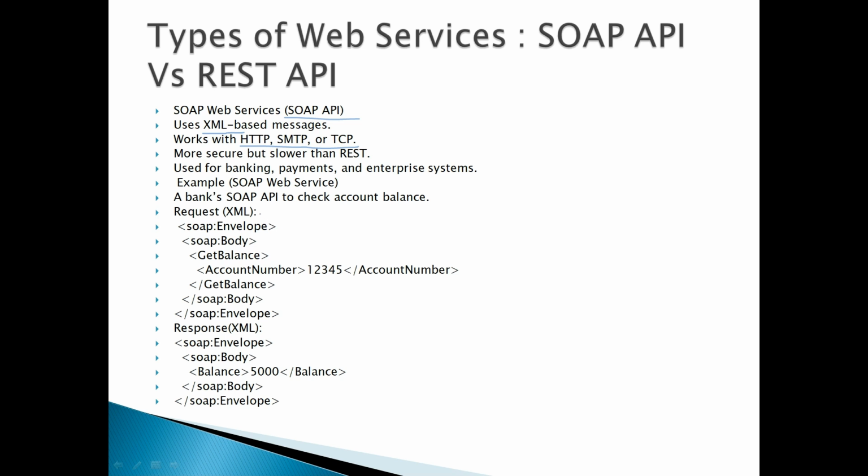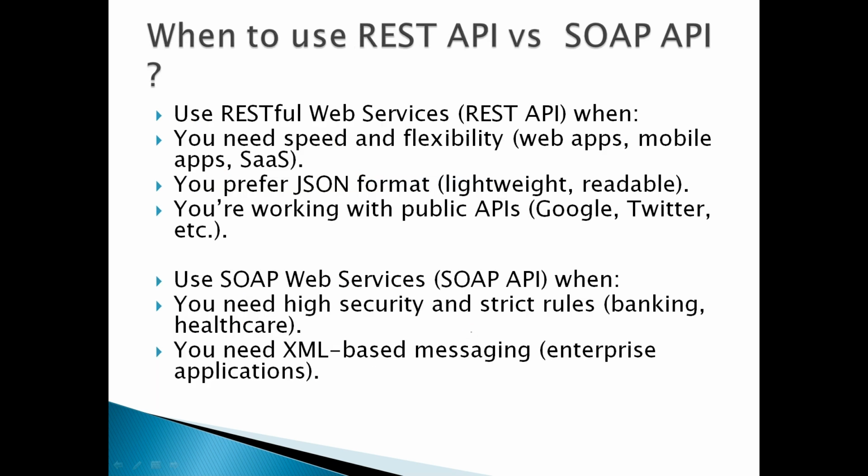The example we can take for a request XML is SOAP envelope, SOAP body, get balance, account number. So there are XML format opening and closing tags. Same in response, we get opening and closing tags with a response and the response code.